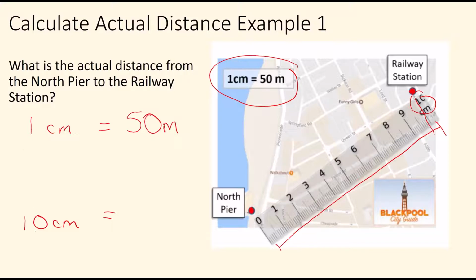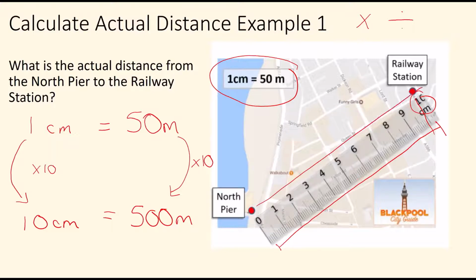To get from 1 to the number 10 in ratio proportion, all we're going to do is times and divide. So in order to get from 1 to 10, I would have had to have times by 10. So whatever we do on one side, we do to the other. So 50 times 10 is 500 metres. So in real life, the walk from North Pier to railway station, assuming that it was in a complete straight line, is actually 500 metres in real life.